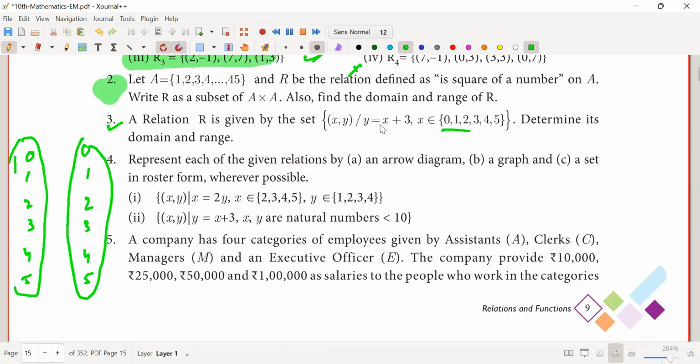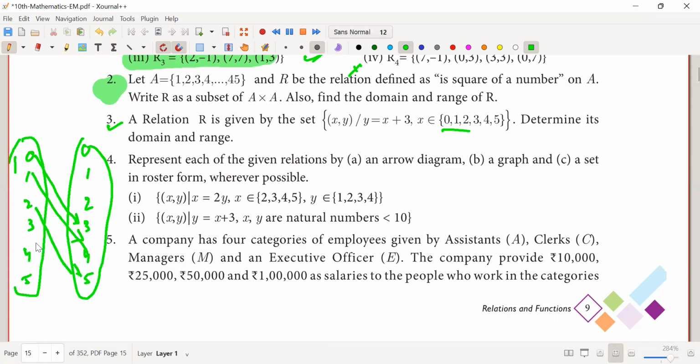All right. y equal to x plus 3. So when I put x equal to 0, 0 plus 3 is 3. Yeah, I got it. Good. Then when I substitute 1, 4. Yeah, I have 4. Good. Then if I substitute 2, I got 5.